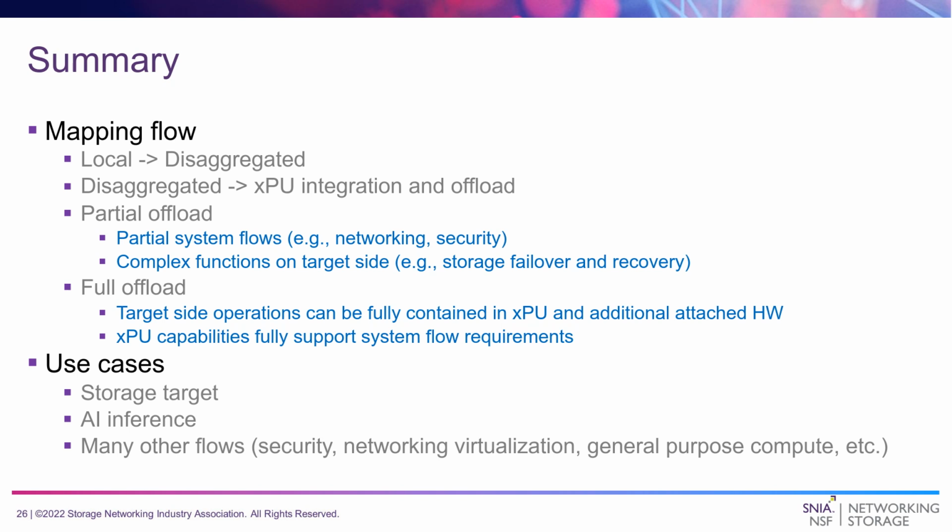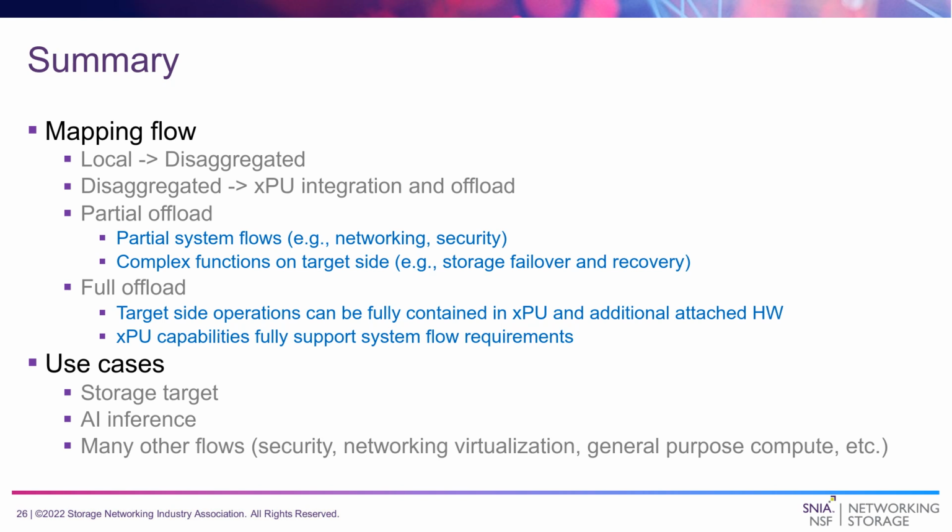In partial offload, usually the complex functions will run on the general purpose server. We will offload the functions that will benefit most to the xPU. Or if the entire flow can be done in both the xPU and its attached hardware, we can do a full offload and remove the general purpose server from the target side.